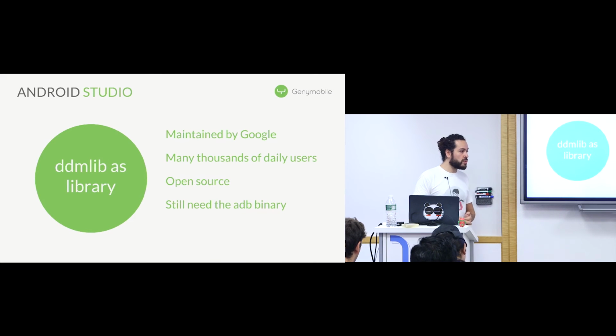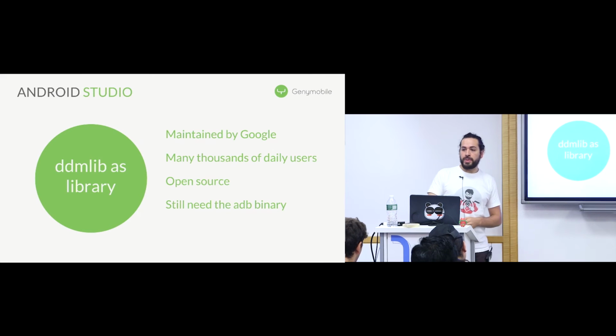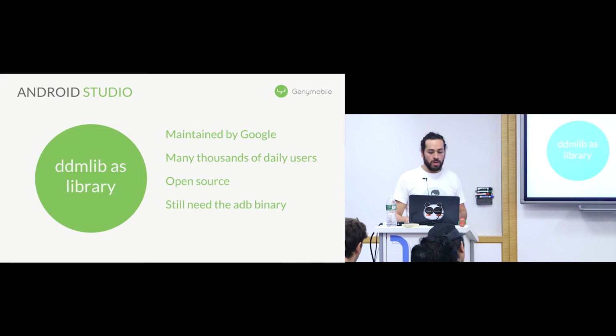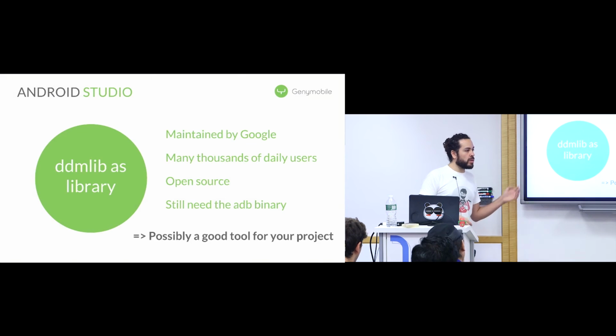It's fully open source, Apache license, like almost everything on AOSP. Even so, you still need an ADB binary. That's maybe the good way to go if you are doing Java or Java runtime applications that need to connect and interact with ADB. So that's maybe a good tool for your project if you need it.